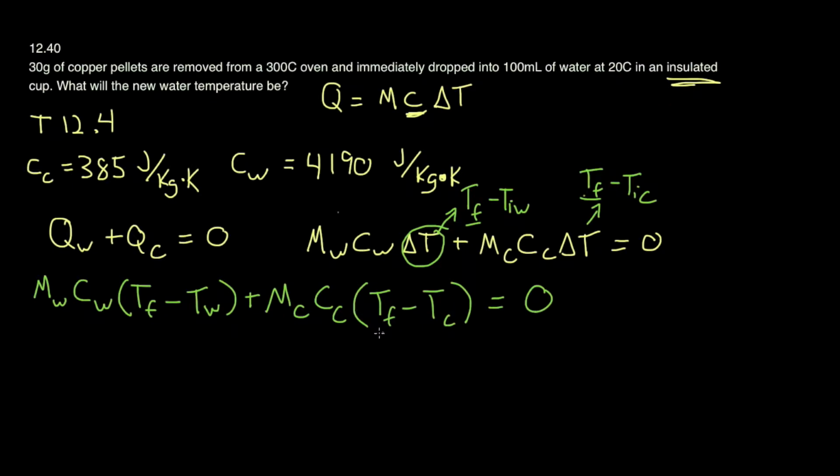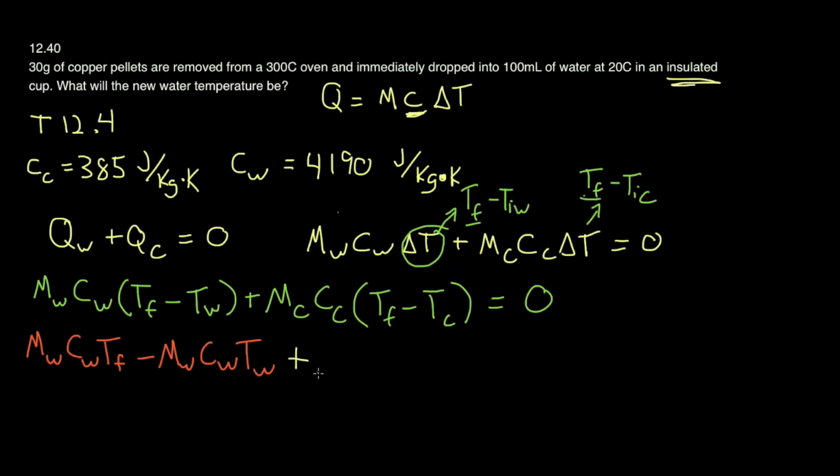Okay, so now our goal is to solve for T sub F. And so what I'm going to do is multiply through this M sub W, C sub W to this first part. I'm just going to multiply out this first part. So M sub W, C sub W times T sub F minus M sub W, C sub W, T sub W. Okay, so that's this multiplied out. So now let's multiply out the second part.